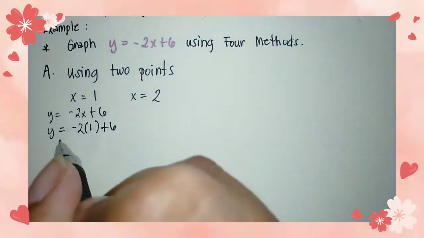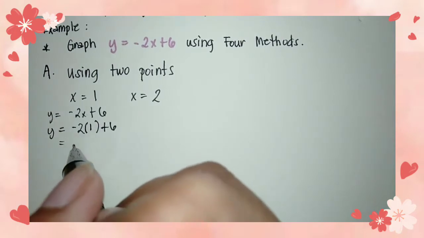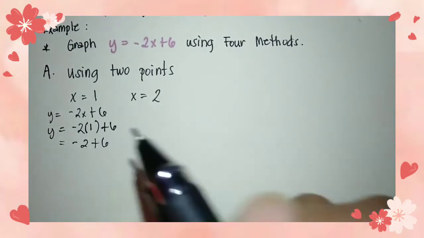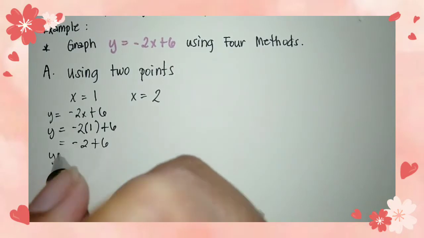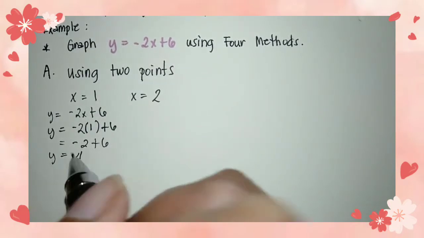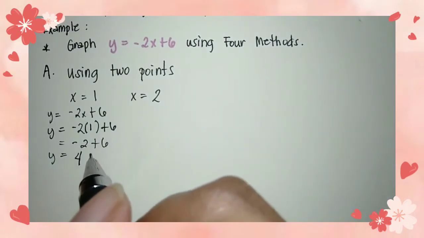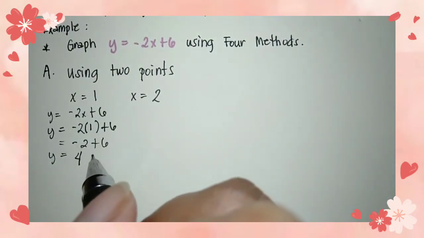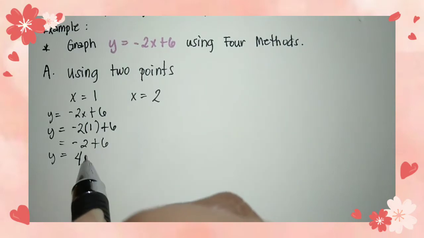So, we have negative 2 times 1 plus 6. Alright? So, we have negative 2 times 1 is negative 2 plus 6. And then, y is equal to negative 2 plus 6 is, of course, positive 4. Alright? Since magkaiba sila ng sign, isusubtract natin. Diba? Then, 6 minus 2 is 4.